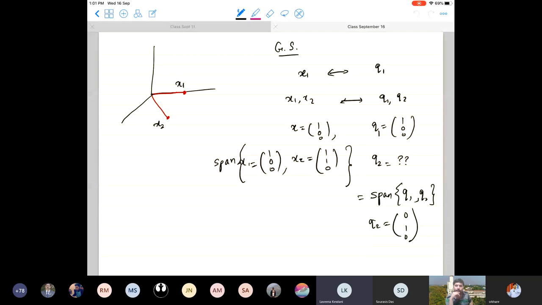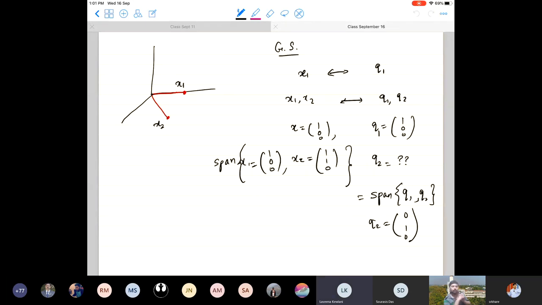If instead of Q2 being 0 1 0, I have 0 0 1, then Q1 and Q2 are still orthonormal, but they are not in the same span. Am I correct? Correct, that's right.